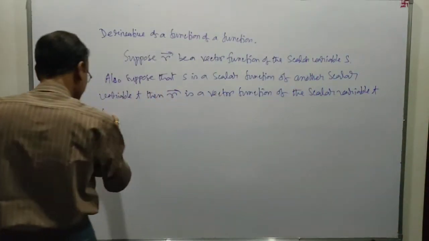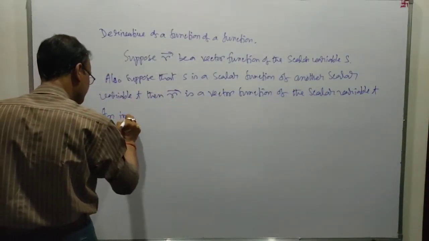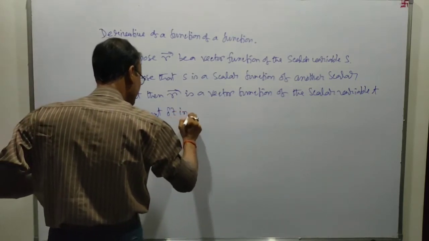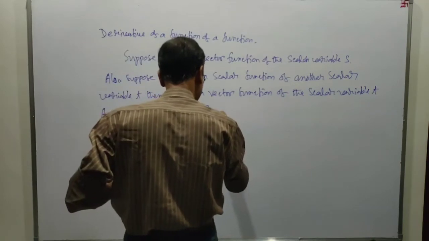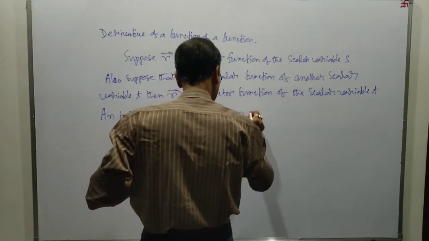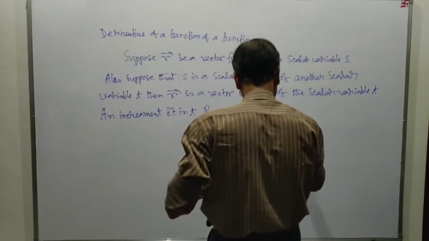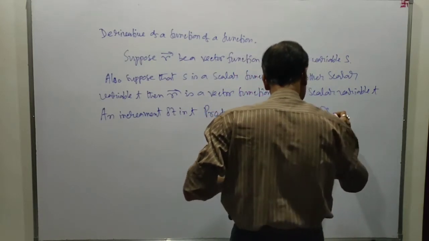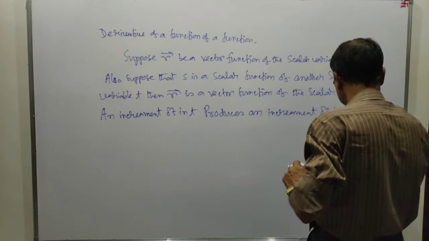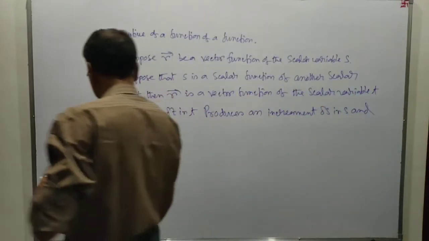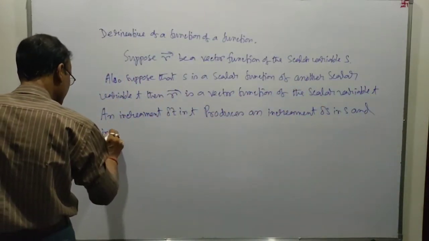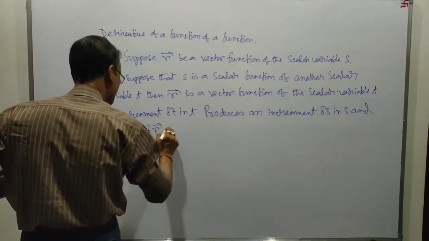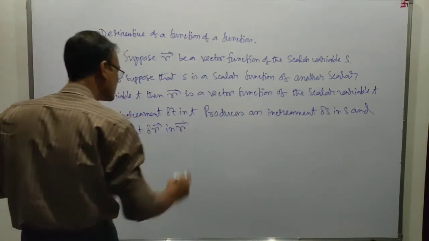An increment delta t in t produces an increment delta s in s and an increment delta r vector in r vector.